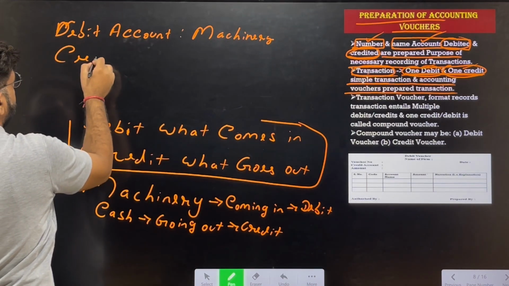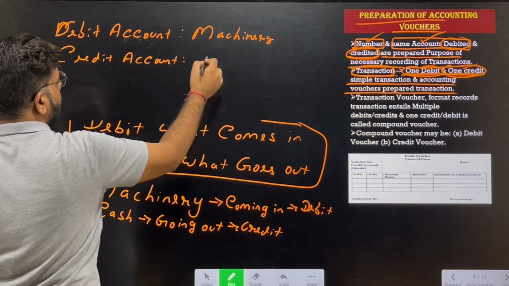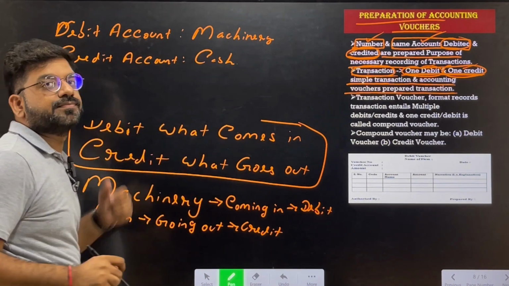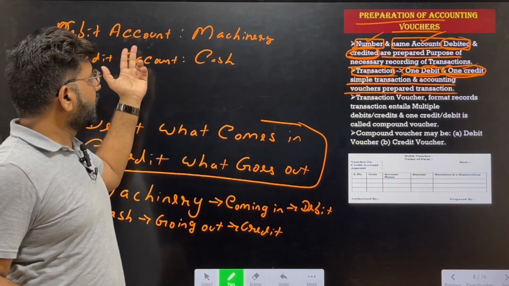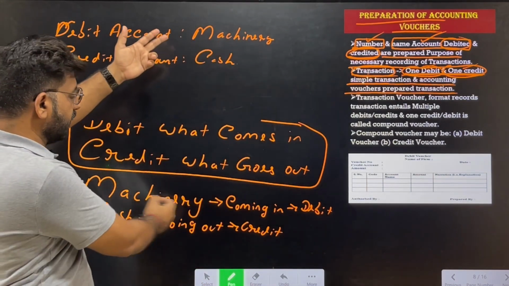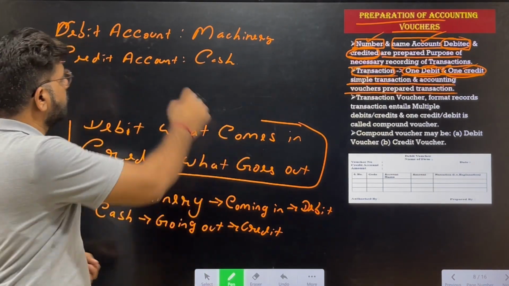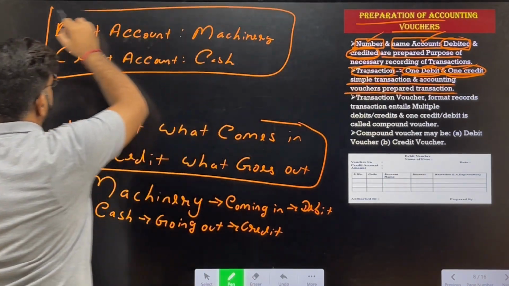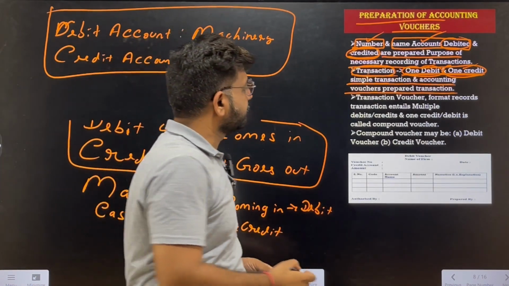And in the credit account, we will write cash. Okay, simple. So the debit account is machinery because machinery is coming in, it has to be debited. Cash is going out, it has to be credited. In a voucher, these two things should be mentioned. As simple as that. Okay, next.